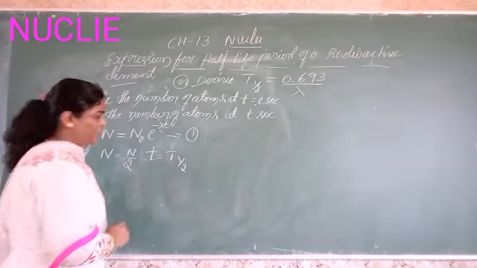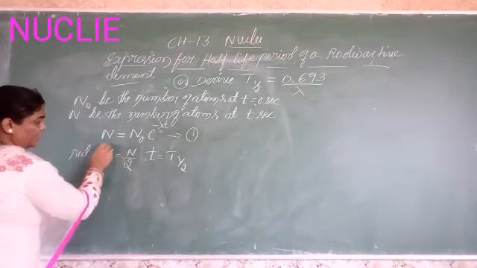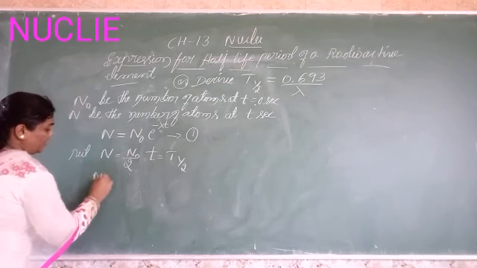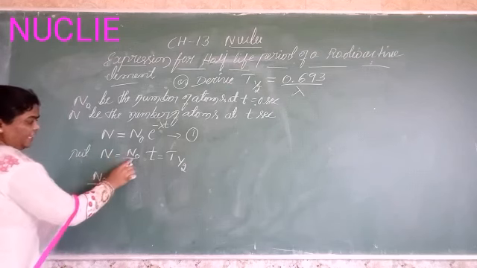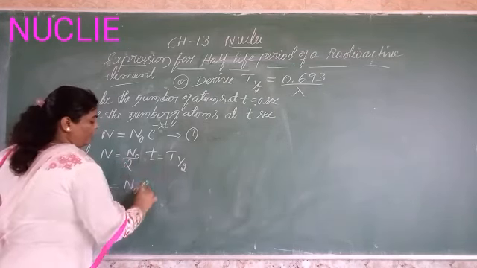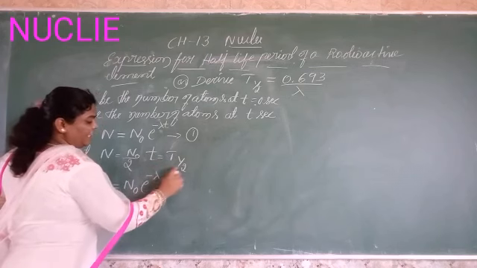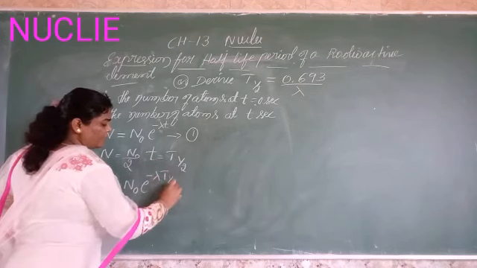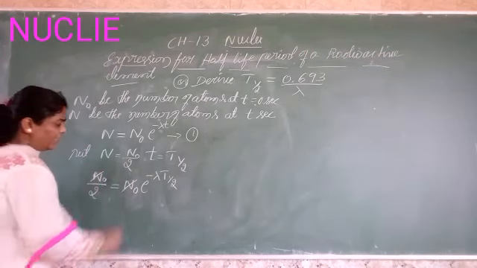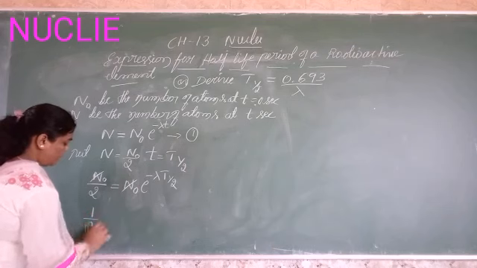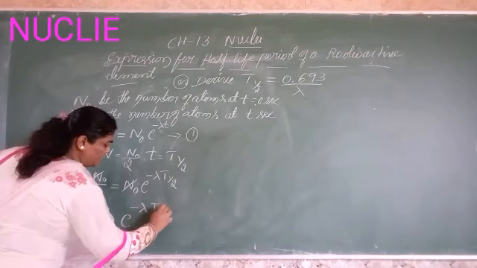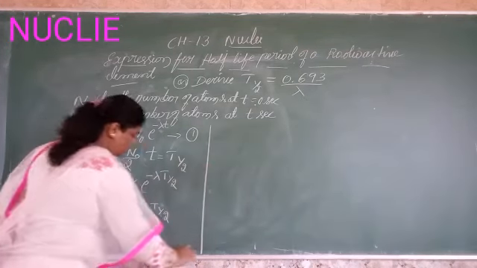So N is N0 divided by 2 and t is equal to T half. Substituting in equation 1, in place of N we put N0 divided by 2, which is equal to N0 e to the power of minus lambda, and in place of t we substitute T half. So N0 cancels. Remaining is 1 by 2 is equal to e to the power of minus lambda T half.